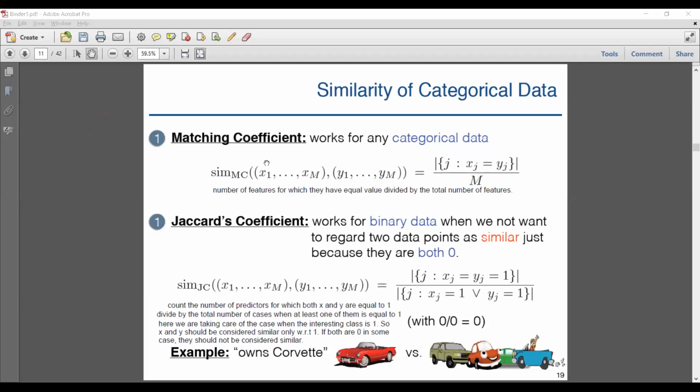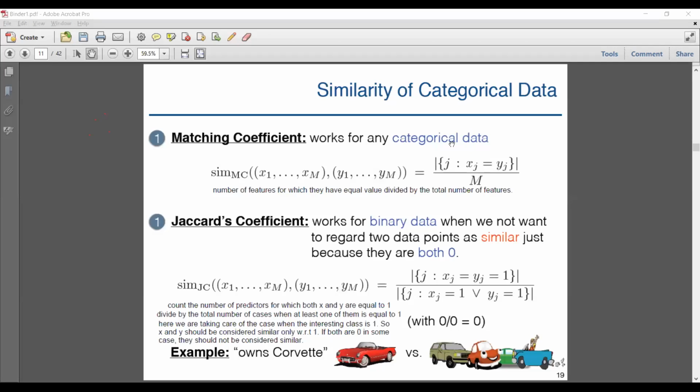हम पहले matching coefficient देखते हैं. So those of you from BSMT, you might remember this from our marketing analytics class as well. We have discussed them before, but for everyone as a review and for those of you who have not covered this before, let's try to understand what it means.